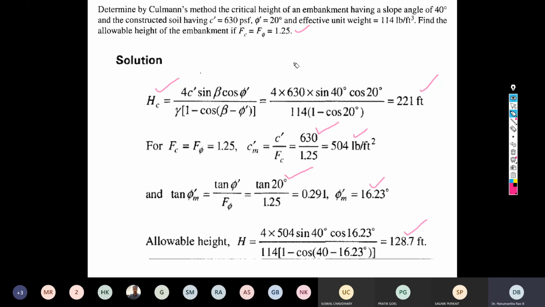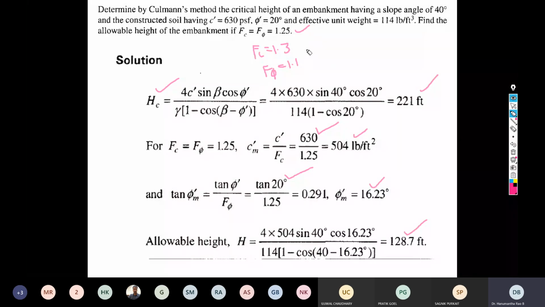Now, can we all do something? Suppose instead of 1.25, I'm giving Fc of 1.3 and Fphi as 1.1. Can you try to determine the allowable height? Can anybody tell me? And make a reverse also.